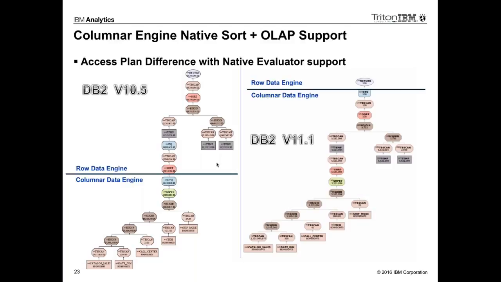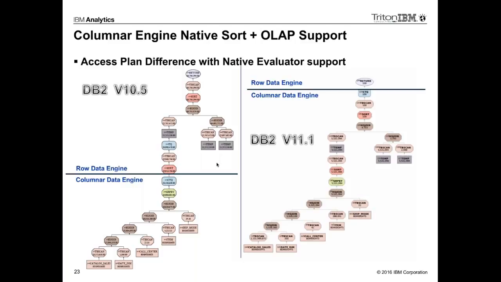Now, I should say at this point that there are some things you need to think about in terms of your applications and the SQL that you're using. BLU obviously can run all of these queries, but the other side we haven't talked about is the transactional side.